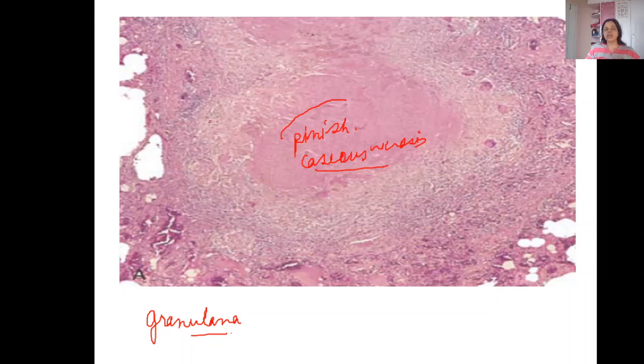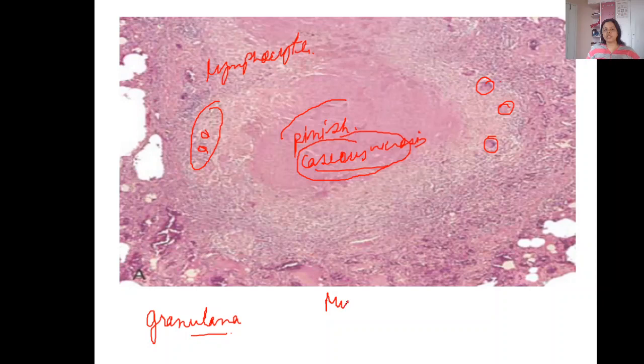This granuloma is composed of epithelioid cells which are seen here and a few giant cells which are highlighted over here, surrounded by lymphocytes. So this is a granuloma where you see the caseous necrosis in the center. This is very characteristic of infection with Mycobacterium tuberculosis. In fact, when you see caseous necrosis in India, we always think of Mycobacterium tuberculosis. Clear?